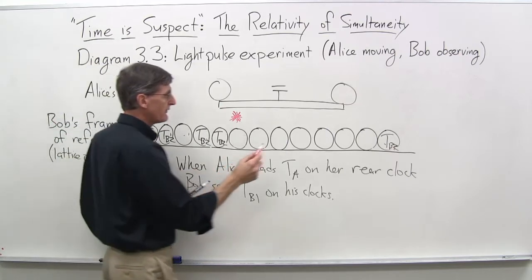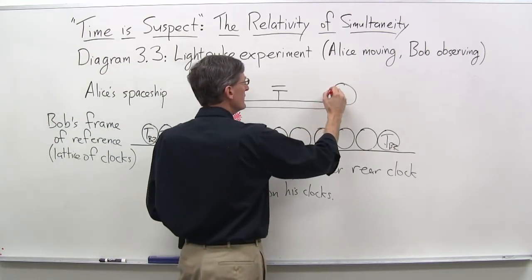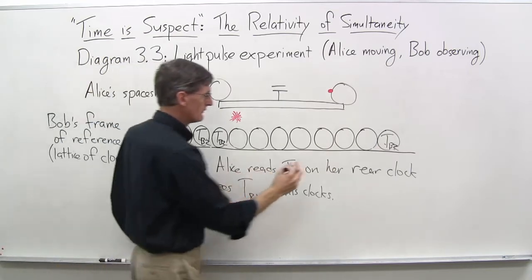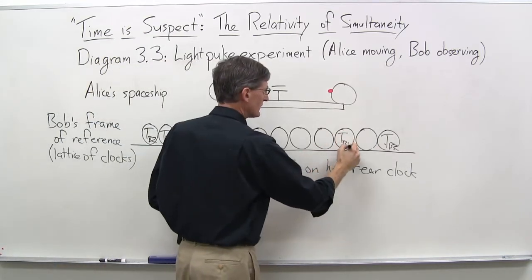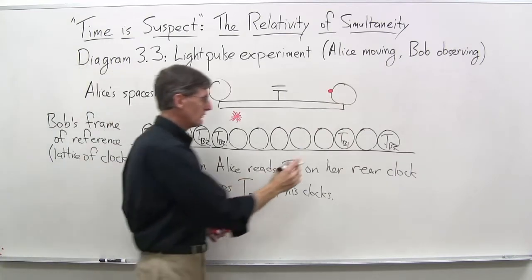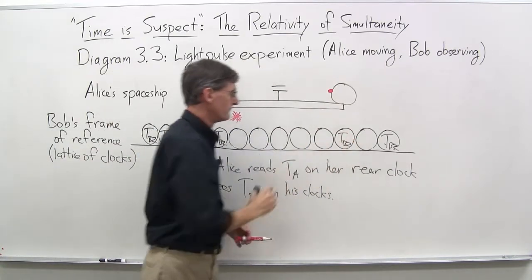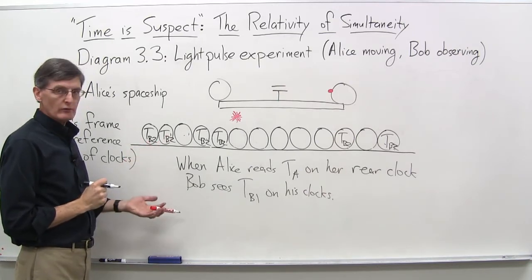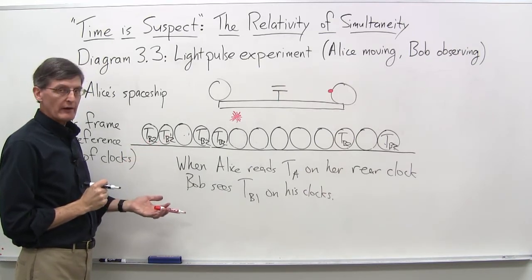And now finally he sees this photon hit that clock, and again he would take a little photo right at that instant, and says, okay, my clocks all read, not TB1, sorry about that, TB2 at that instant in time. So, what else do we know about that instant in time?